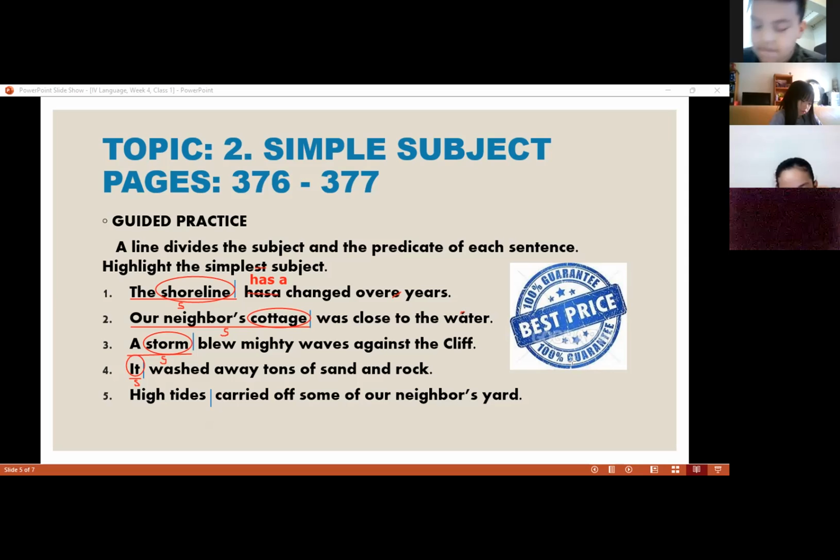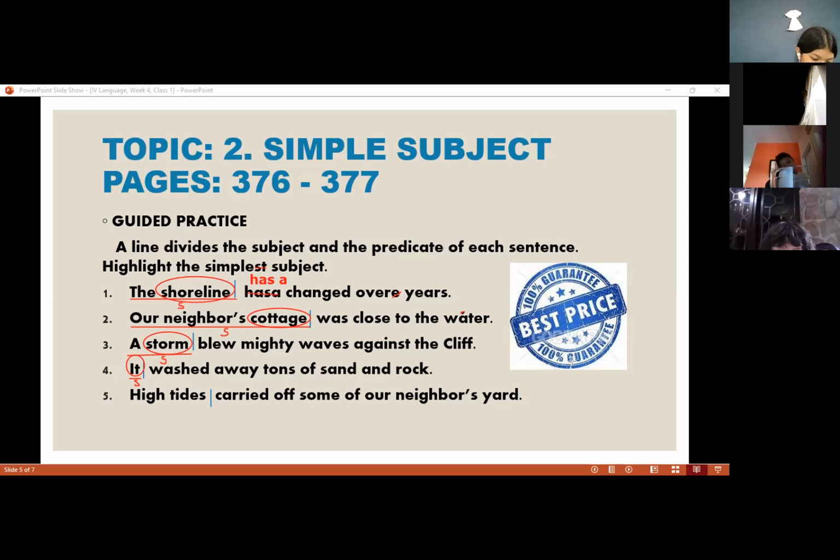Last sentence. High tides carry off some of our neighbor's yard. Look at the sentence. What is the subject in this sentence? High tides, that's right.